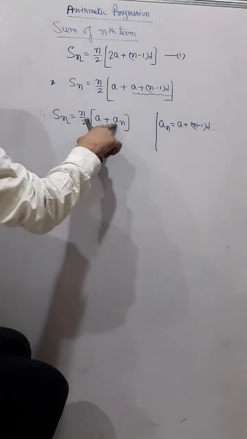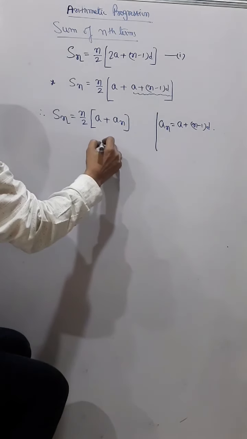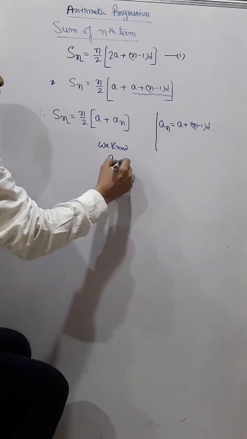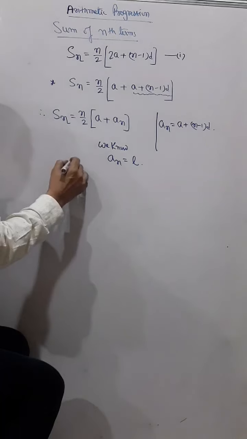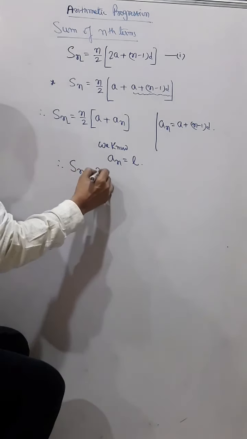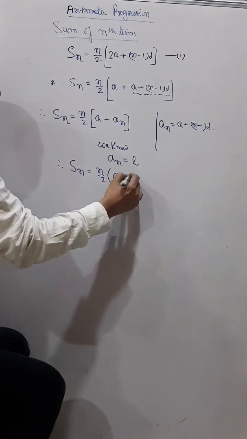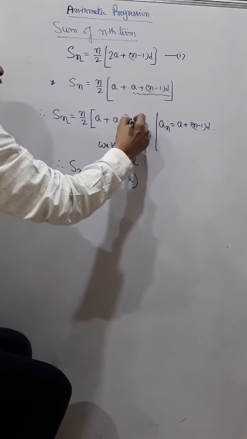Where an is the nth term, and we know that an means the last term. So the formula is also n by 2 into first term plus last term.